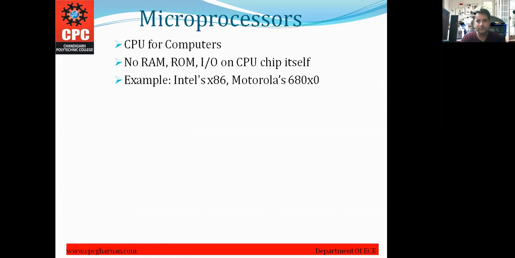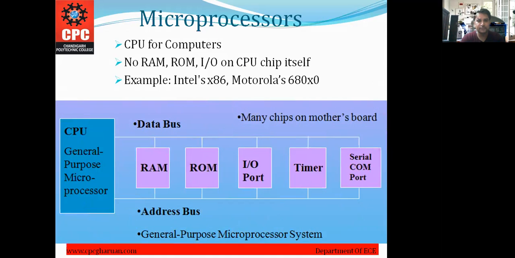Examples of microprocessors are Intel 8085, Intel 8086, Motorola 680X0. In this slide, you can see all the features like RAM, ROM, input output port, timer, serial communication port. All these features are added externally to the CPU.